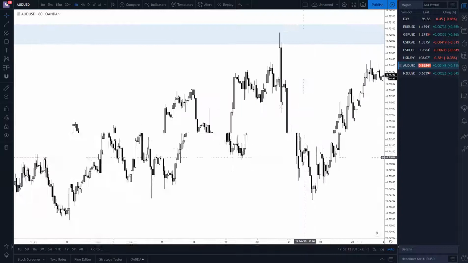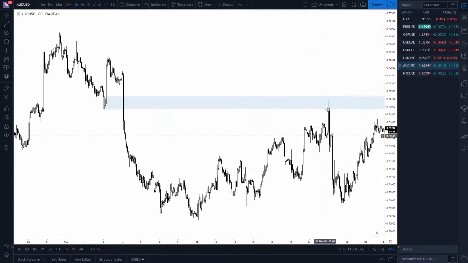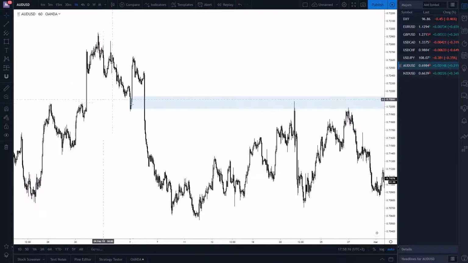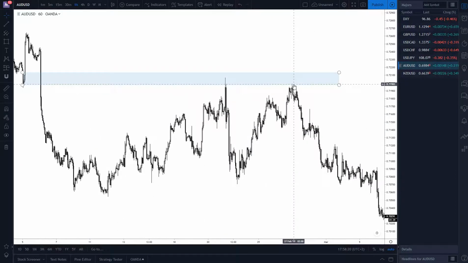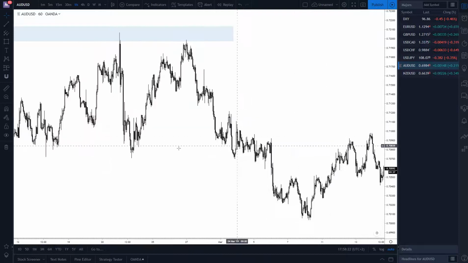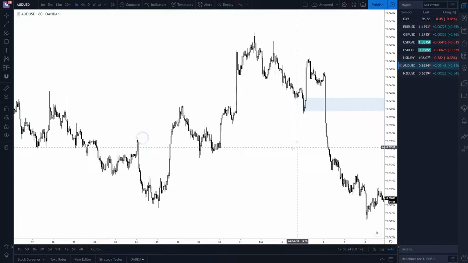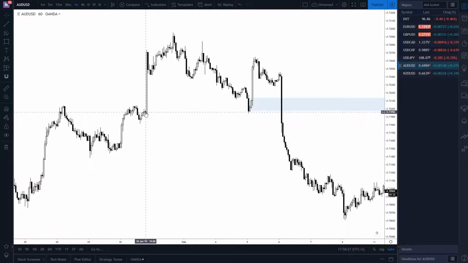This is the 60-minute time frame, but you can see how price just collapsed from here. Obviously this is because there are a lot of orders resting in this level, and you have the second test here, which led to an even bigger sell-off. And I didn't mention this level right here. We have a liquidity gap, and at the beginning of the liquidity gap is the demand, which got tested.